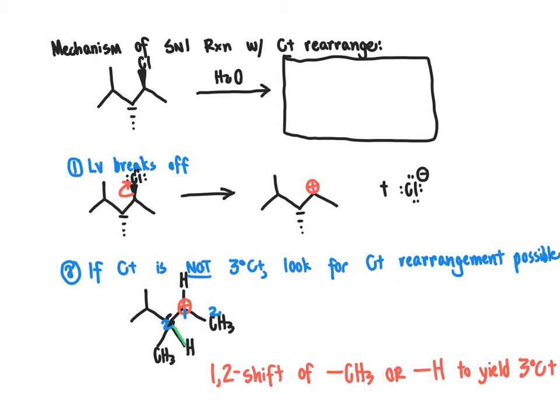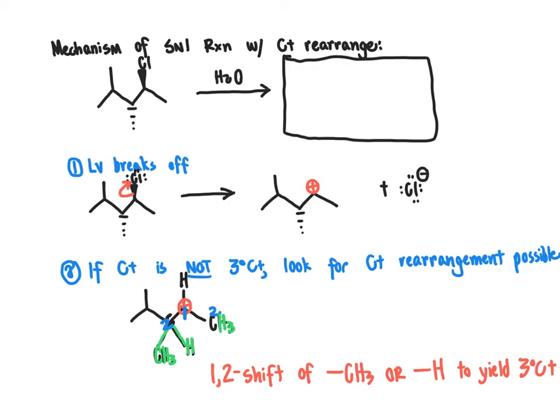We could relocate that hydrogen and the electrons that are associated with that in the covalent bond. We could move this methyl group, CH3, or we could move any of these 3 hydrogens over here from the methyl group. Those would all represent, if we move those from position 2, which I've labeled position 2 relative to the carbocation being position 1, over to position 1 to make a more stable carbocation, then we're going to do exactly that.